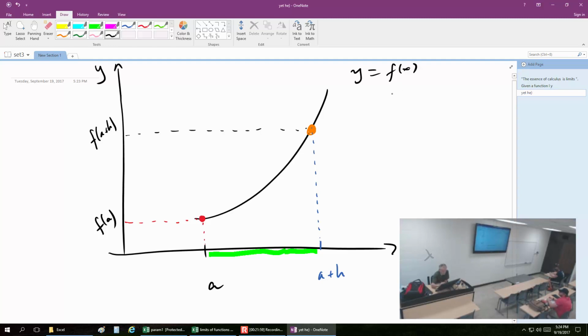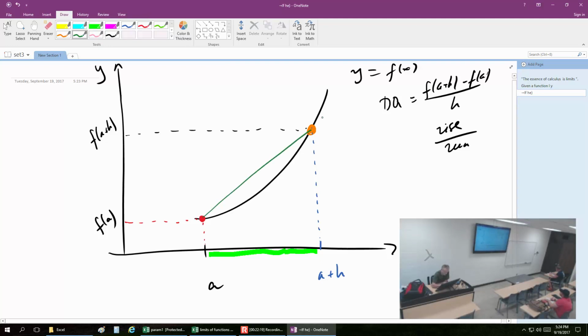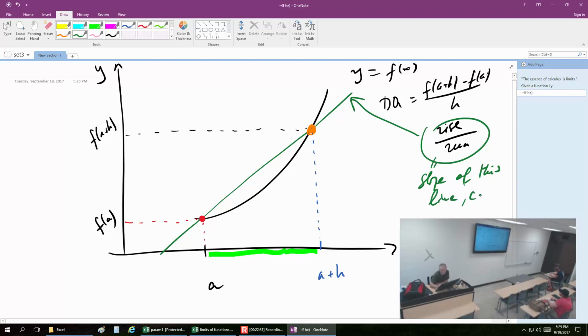We are talking about, once again, the difference quotient: f of a plus h minus f of a over h. H is naturally the run, and rise is the numerator. Rise and run of what? Of this line. So it's the slope of this line, called a secant line, which stands for cut.